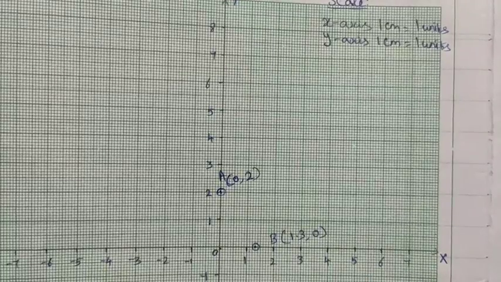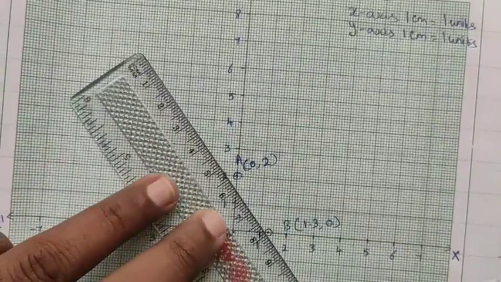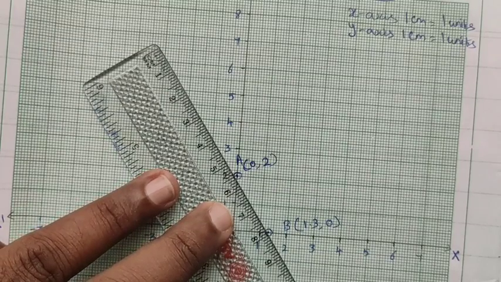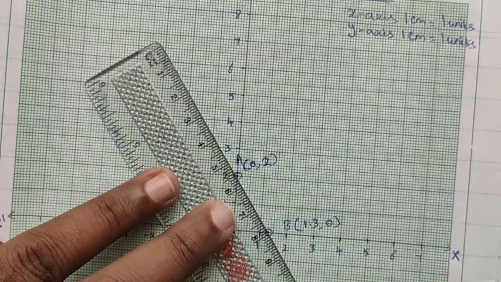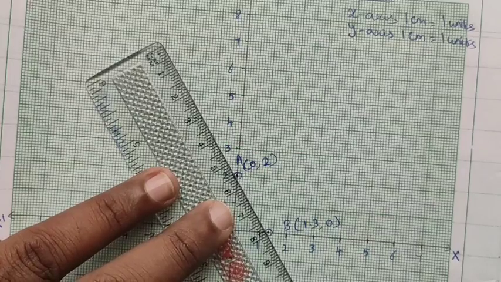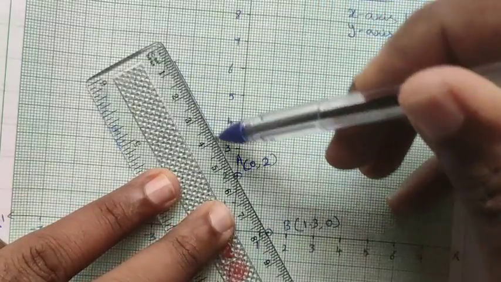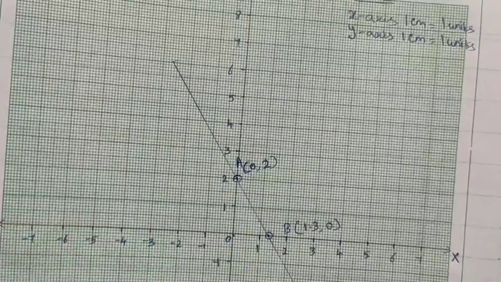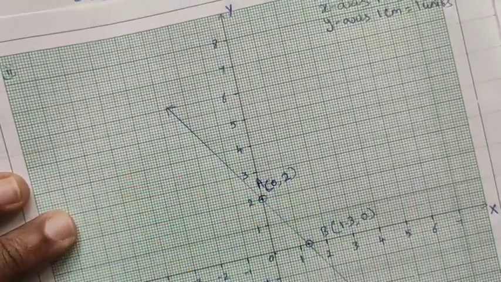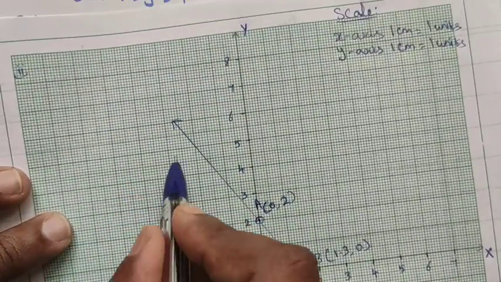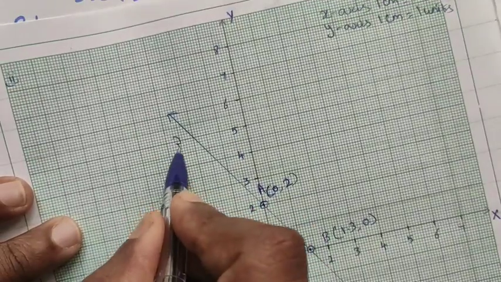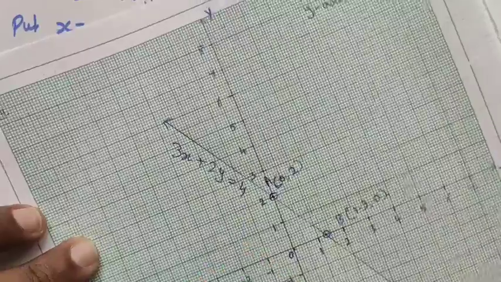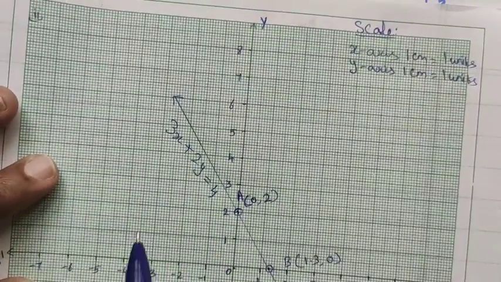Now we have to draw a straight line through these two points. So this is the straight line. The equation of this line is the first equation, 3x plus 2y is equal to 4.